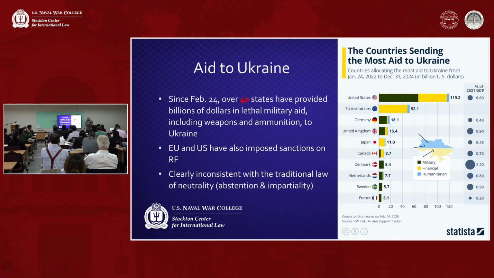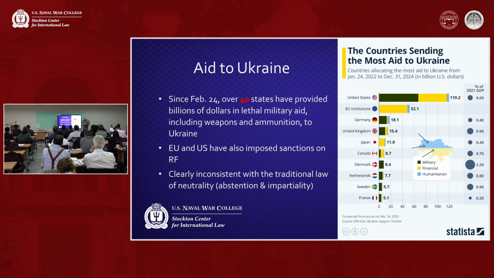You can see here, for the war in Ukraine, there have been over 40 states that have applied qualified neutrality and are providing weapons and ammunition to the Ukrainians. The European Union, as well as the United States, has imposed severe economic sanctions on the Russian Federation. So all these things are clearly inconsistent with the traditional law of neutrality with regards to abstention and impartiality.